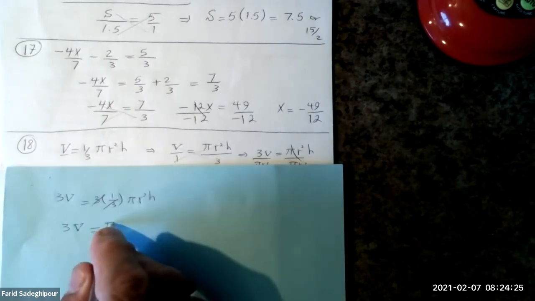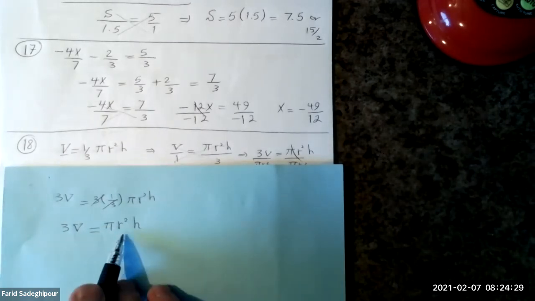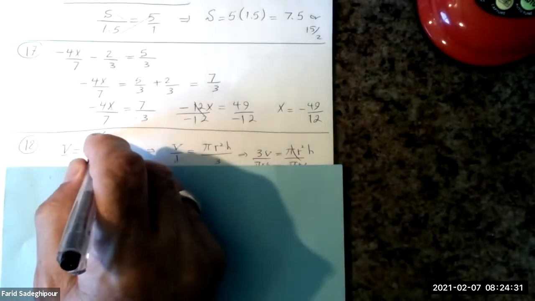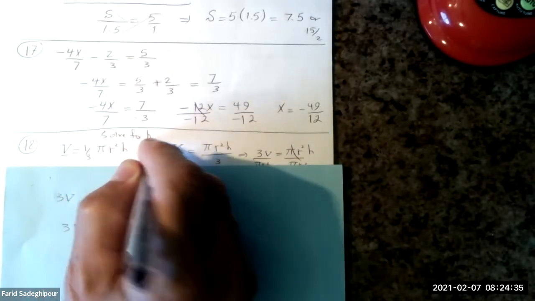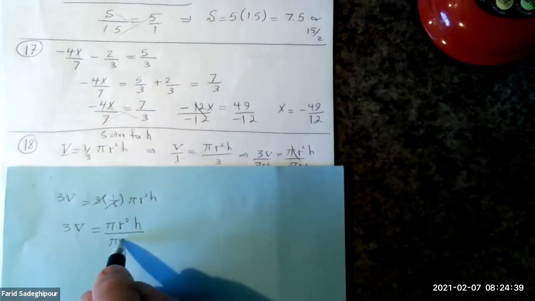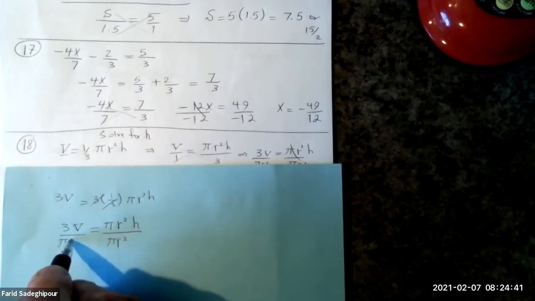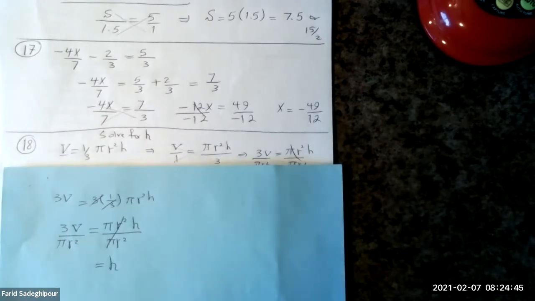So you have pi r squared h. And since they ask us to solve for h, we divide both sides by what? Pi r squared. That's another way to do it. So h is that.